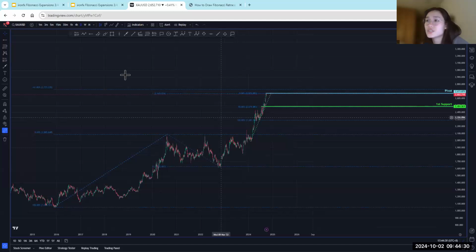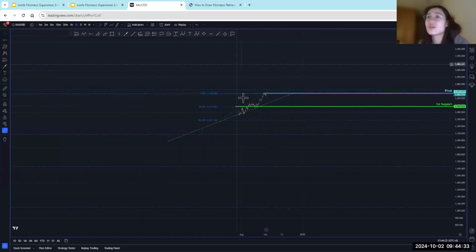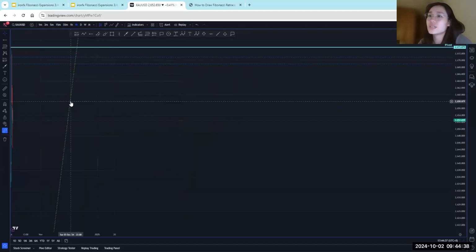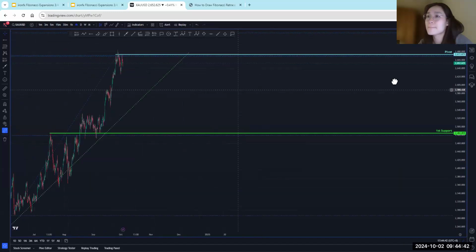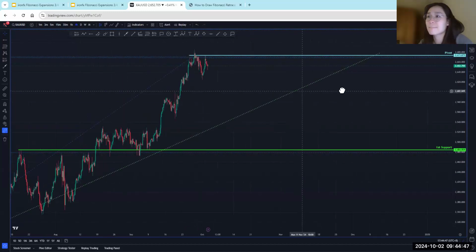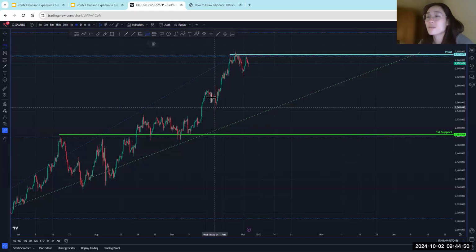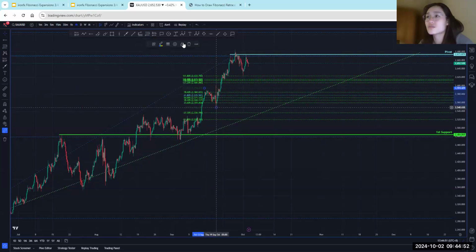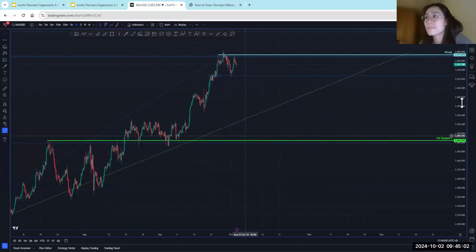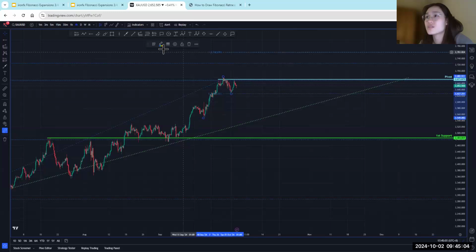Okay, I don't actually think we have any more levels on our daily time frame. So I'm going to analyze it on our daily time frame instead. We have this level here.